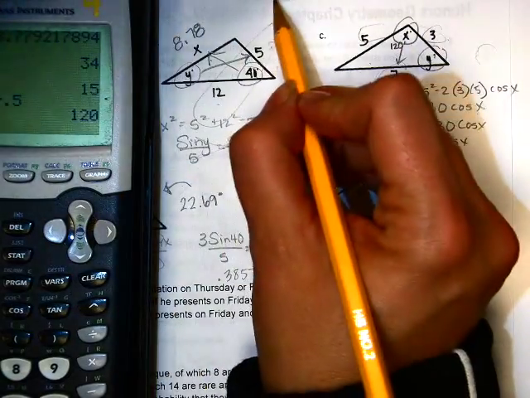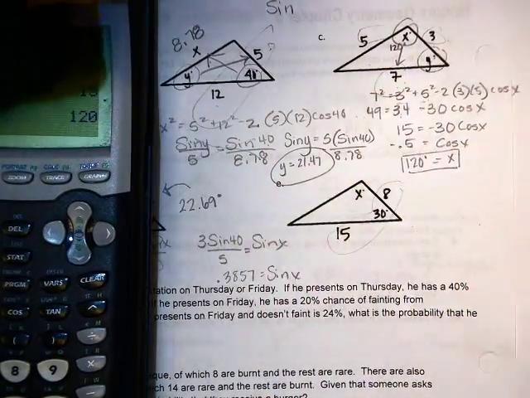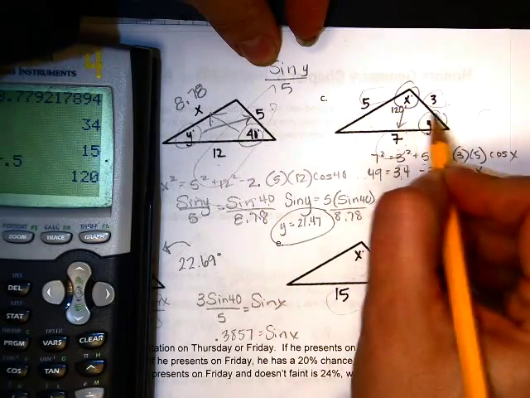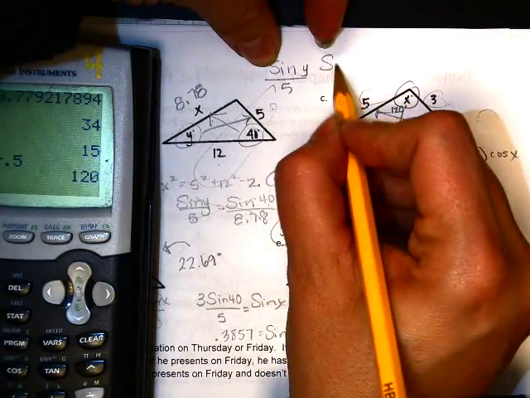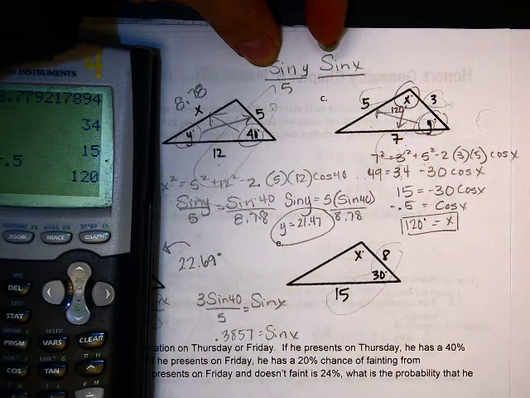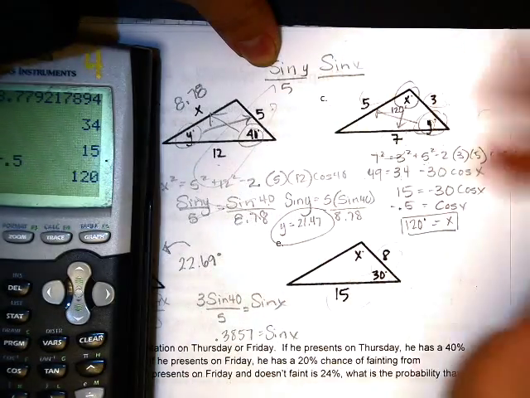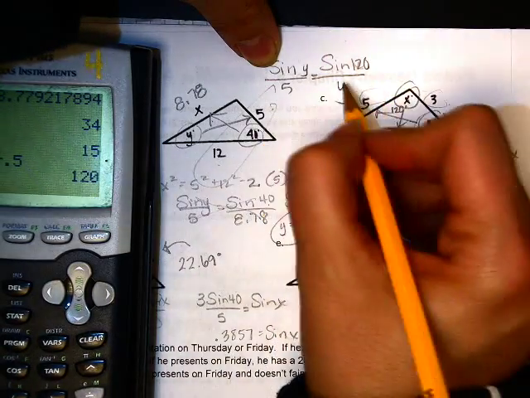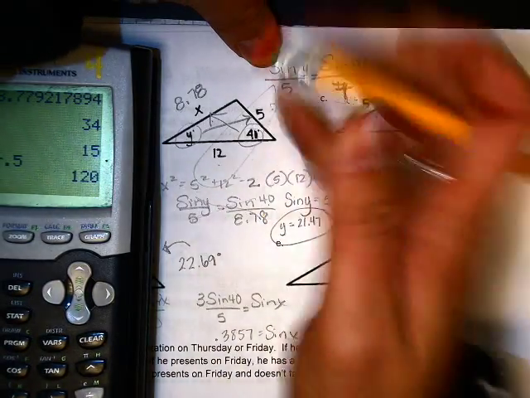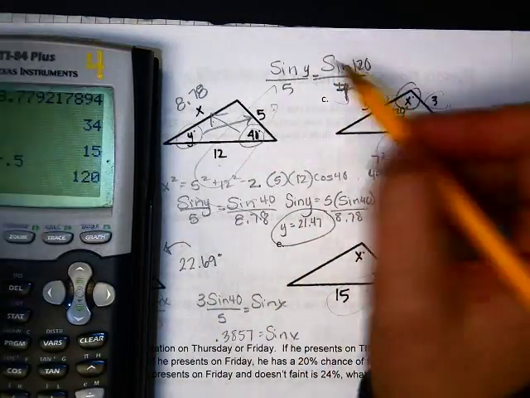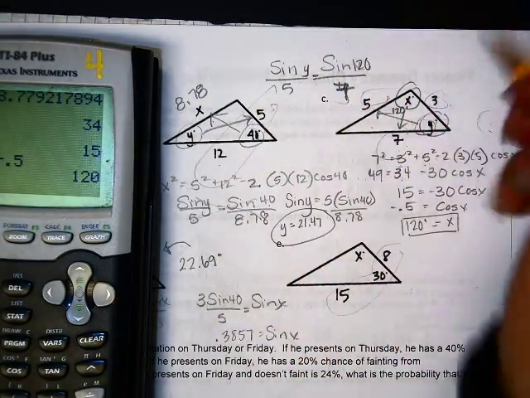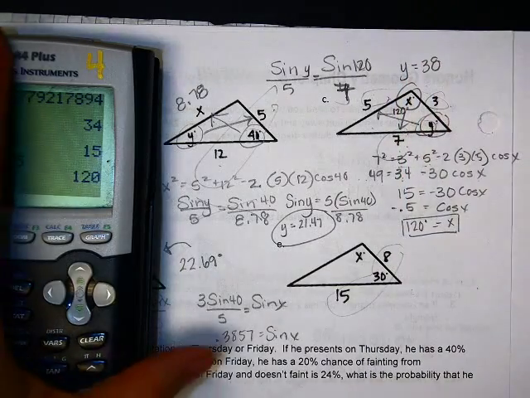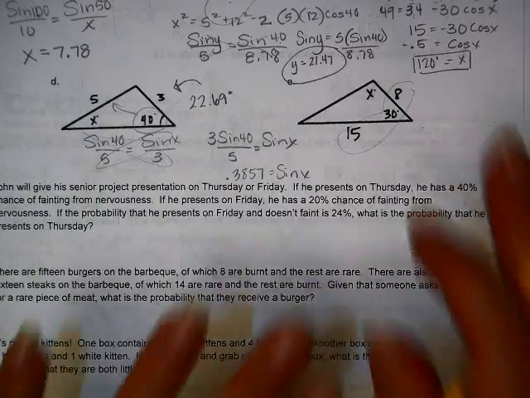So I would have sine of y over 5 is equal to the sine of 120 over 7. Sorry. Okay? Cross multiply. Again, doing the same thing as you did before, and you do get that y is equal to 3.8.